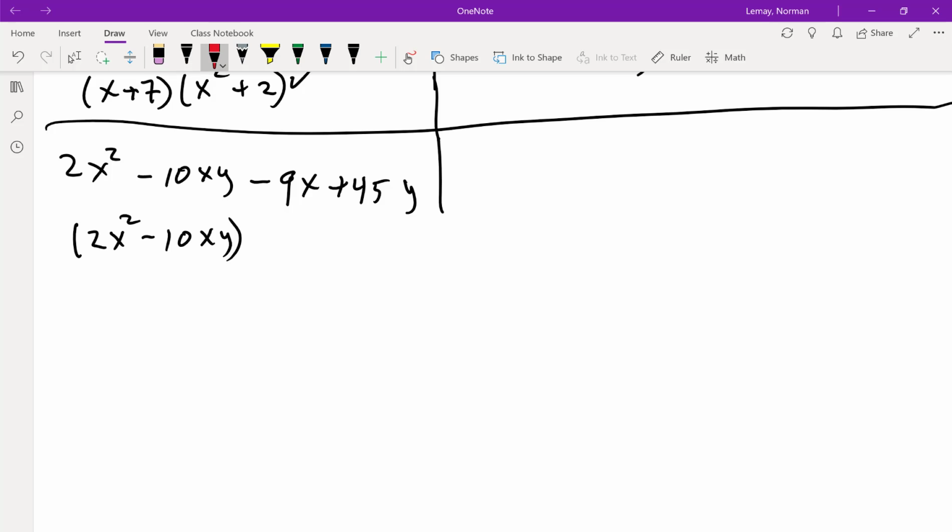Now here we have to be careful. Notice this third term has a minus. So when we go to factor or group these together, remember we've got to make sure that minus distributes across. So here we'll get minus 9x.